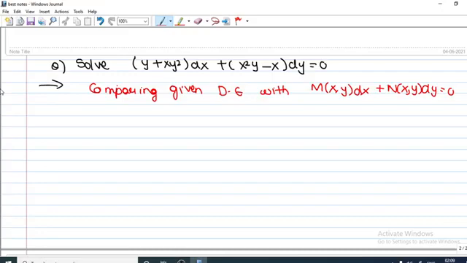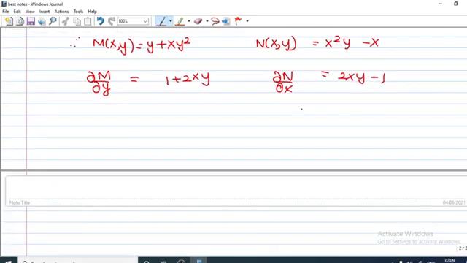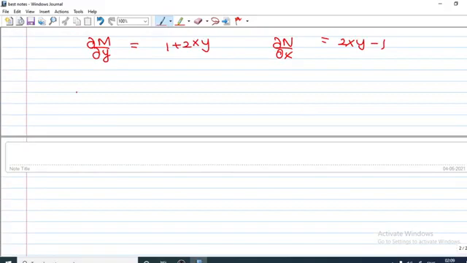Then you will make out that M of x comma y is y plus xy square, and N of x comma y is x square y minus x. Therefore, you will say it is not an exact differential equation.